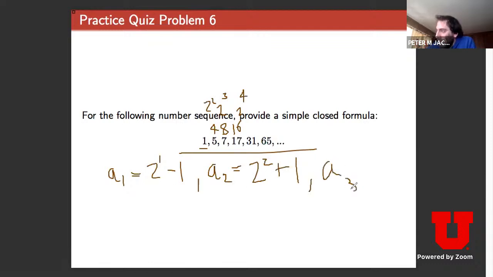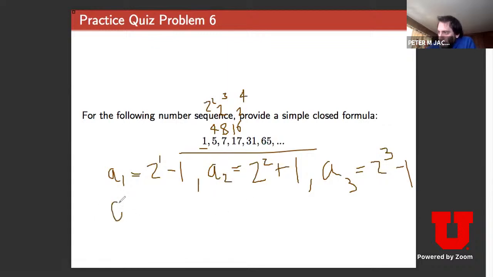A3, that's 8. 8 is 2 cubed minus 1. So when we had 1, which was odd, we subtracted 1 from the power of 2, and when we had 3, which is odd, we subtracted 1 from the 2 cubed, and when we had an even number, which was 2, we added 1 to the 2 squared.